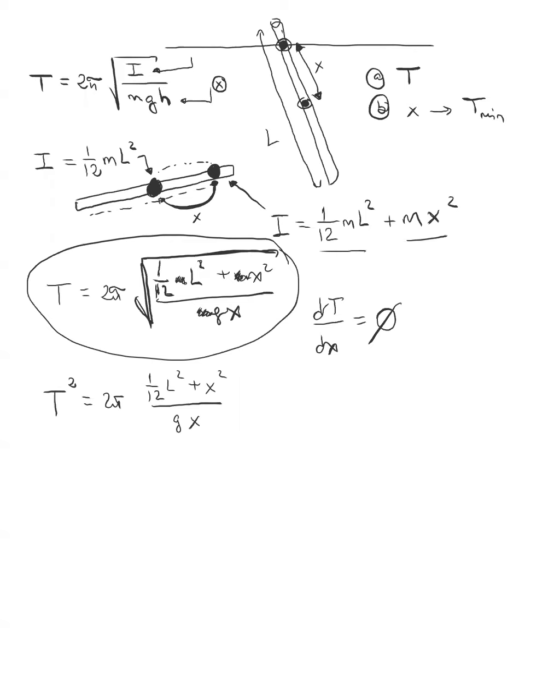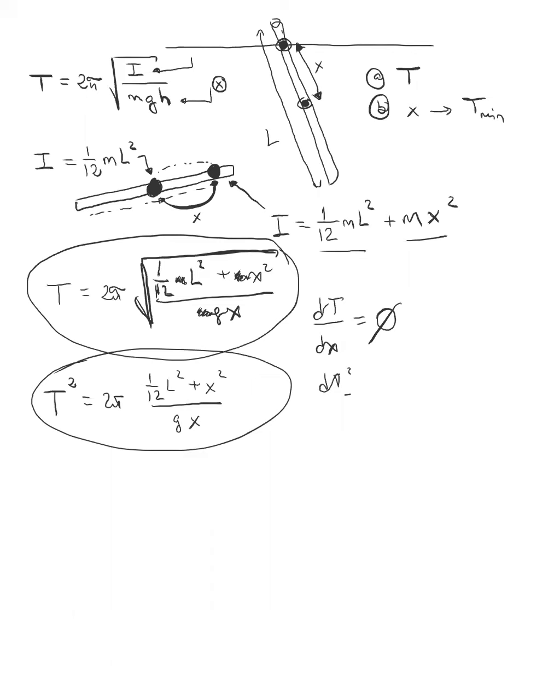And if T is minimal, then T squared will also be minimal. So if you find the minimum of T squared, then you have found the minimum of T. And this makes your job slightly easier because this expression doesn't have a square root, and it's easier to take the derivative of.